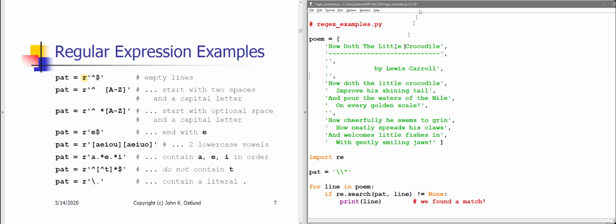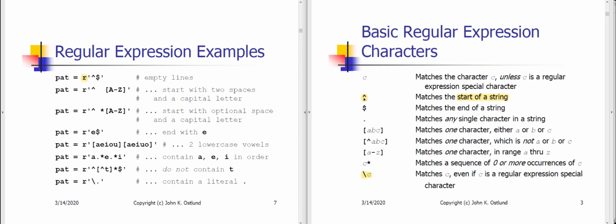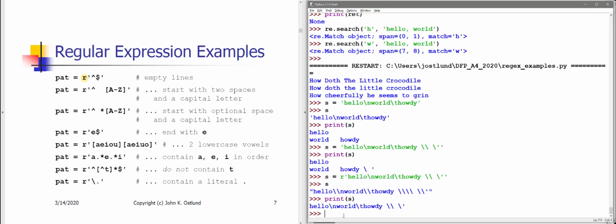So we've looked at the caret, and we've looked at using the backslash to turn off the special meaning of the next character. So we could say backslash caret if we wanted to search a line to see if it contains a caret. By the way, I'm saying caret here. This is C-A-R-E-T, not the vegetable.